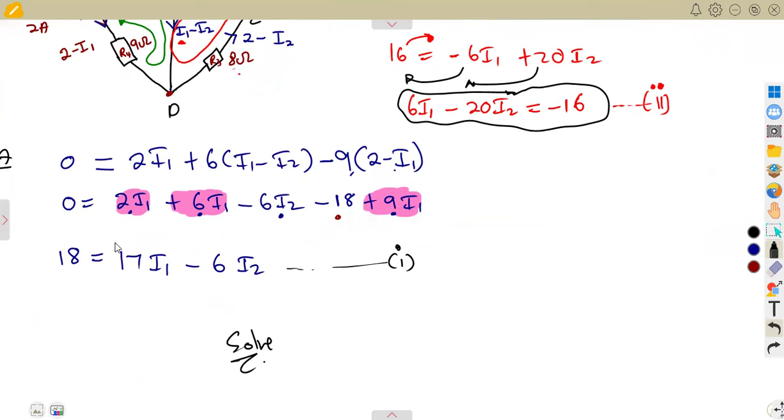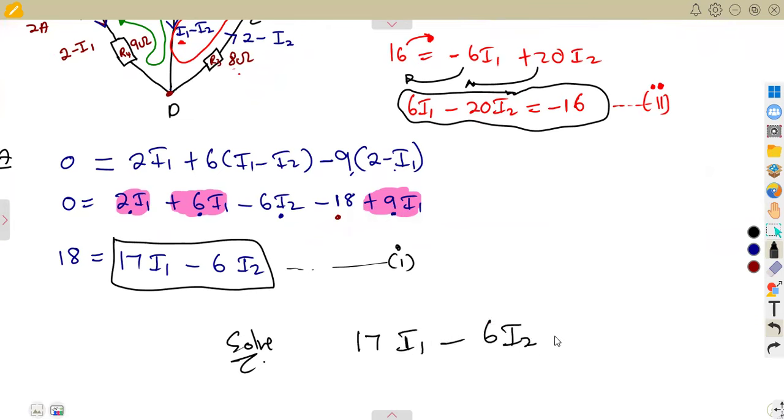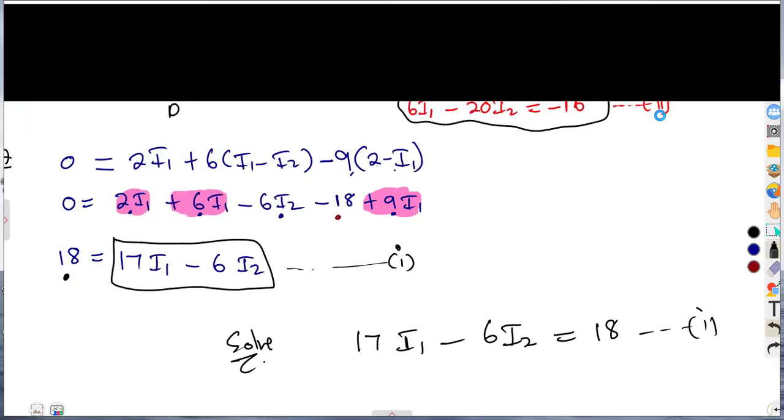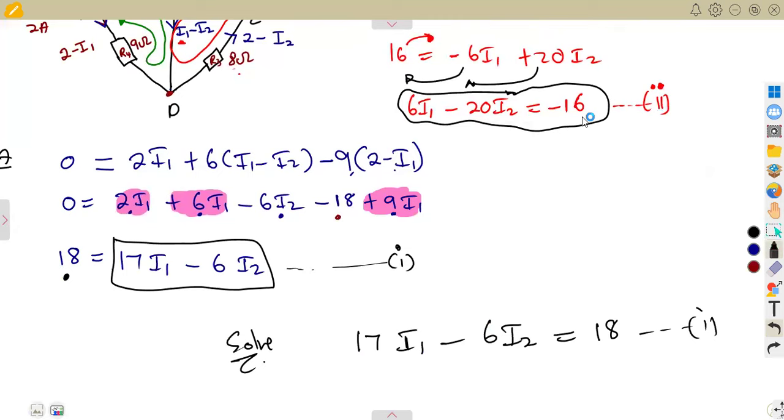The first equation, taking this side, is 17 I1 minus 6 I2 is equal to this side, which is 18. That is our equation 1. Equation 2, from this arrangement that I made, remember I said you can make that the subject.